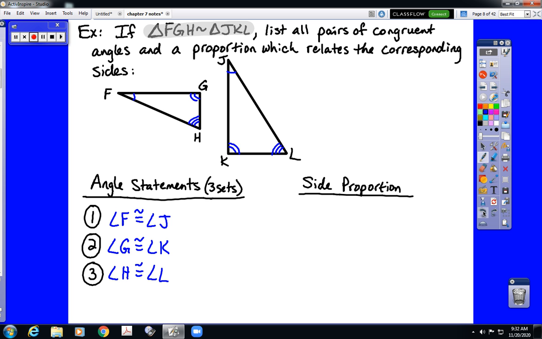So either way, we should be able to set up the proportion and say FG is to JK, because those are the first two letters in each name, as GH is to KL, because that's the second and third letters in each name, as FH, that's the first and last letter, is to JL. Since it's a triangle and there's only three sets of sides, their side proportion would contain three ratios. That does it for that example.